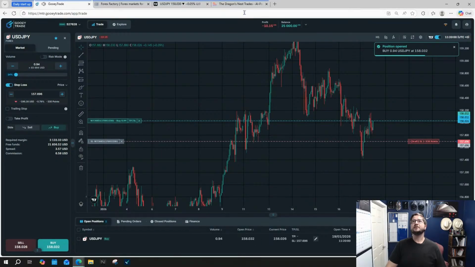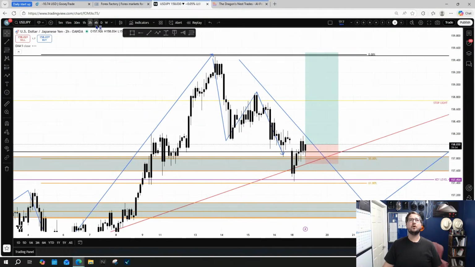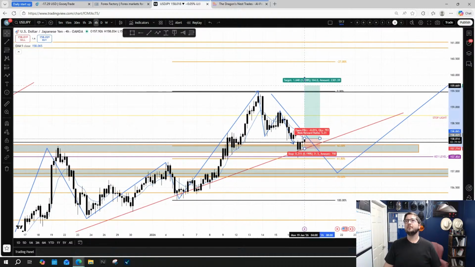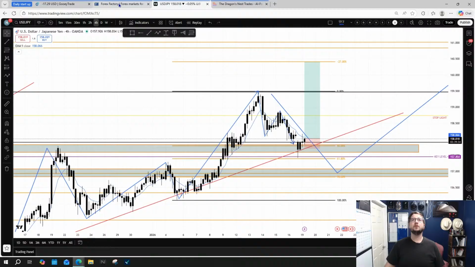Boom. That's it. And then let's find our take profit zone. Already know this zone is going to be very highly favorable, right? So 1 to 7, that's why I didn't mind putting it in already. So now that we have a 1 to 7 risk reward ratio, I'm going to go ahead and add my take profit up here at 160. Was it 160.4 or 160.3?